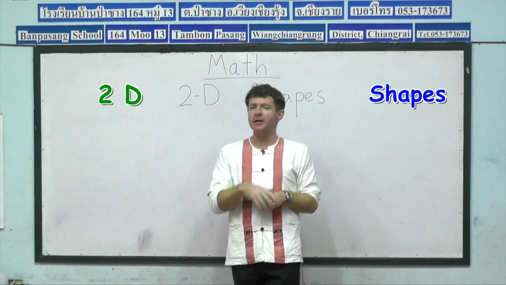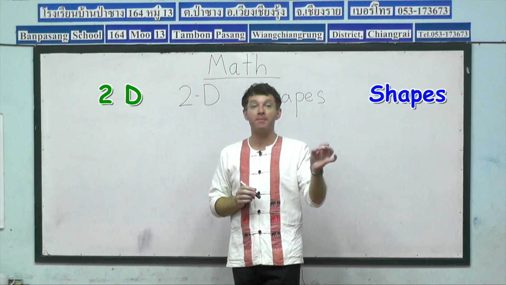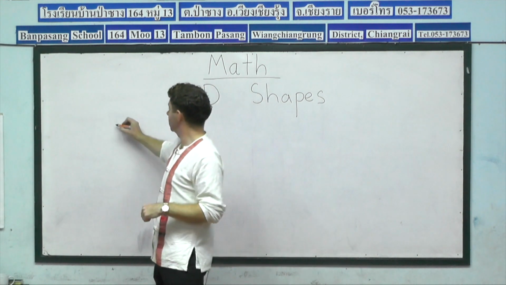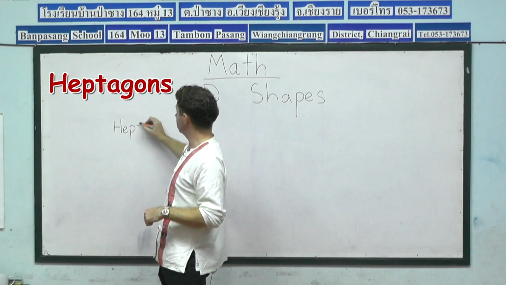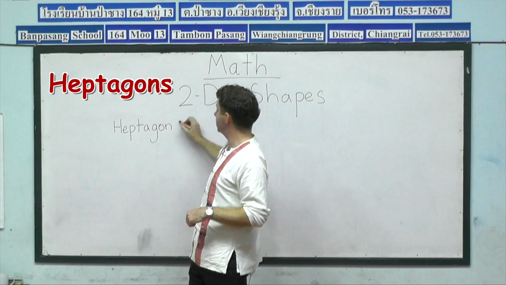Heptagons. How many sides did a heptagon have? 7. Excellent. Hepta means 7. So how do we spell heptagons? H-E-P-T-A-G-O-N-S.